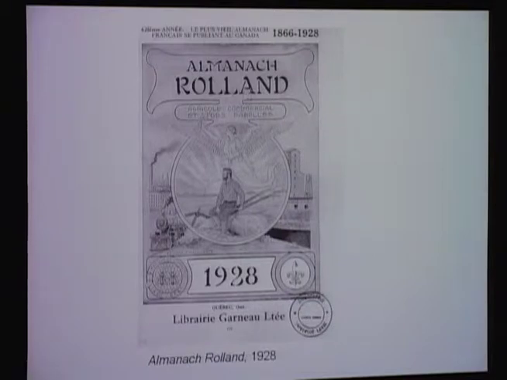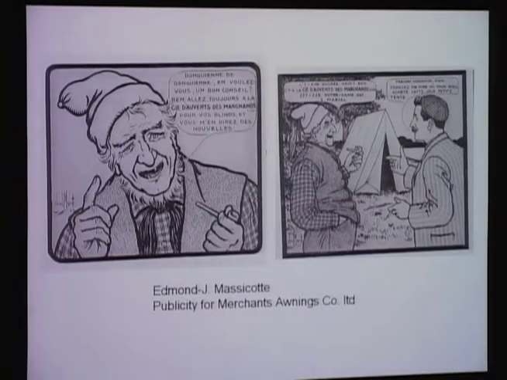And one of the most curious aspects of this type of ideology that I could find an illustration of in Massicotte is a series of publicity he made for a company of awnings. A company that was also doing tents, let's say, for people to go to the country and to camp. It was called la Compagnie des Marchands.